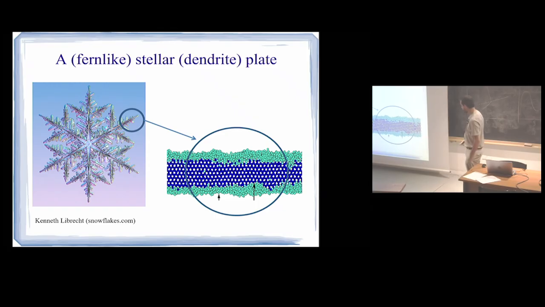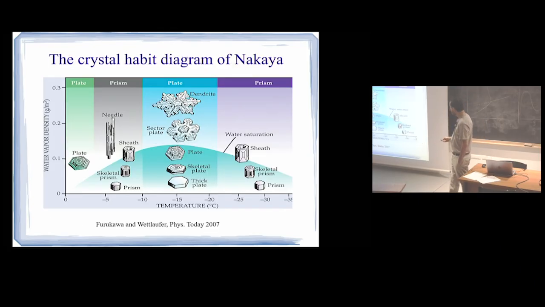And if you have large surface disorder, perhaps you have more strange phenomena going on that could explain the unexpected crossover of the shape of ice crystals. So our goal is to understand these transitions that occur at low saturation in the Nakaya diagram, and why plates become columns, and columns become plates, and plates become columns as you cool down the temperature of the ice.